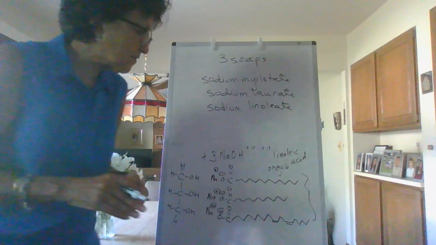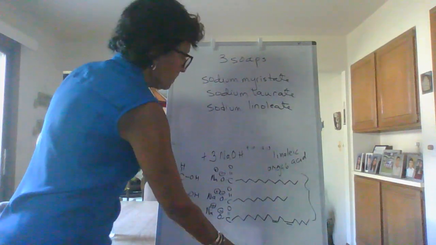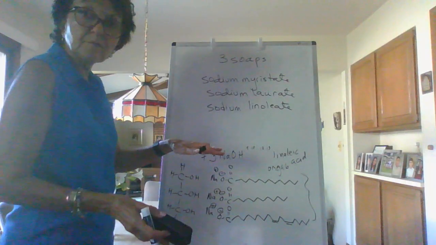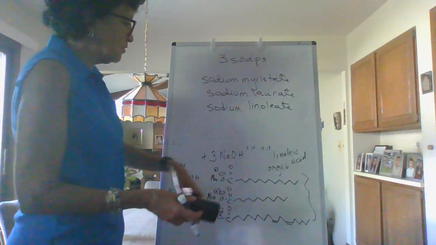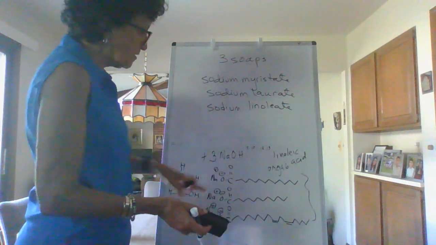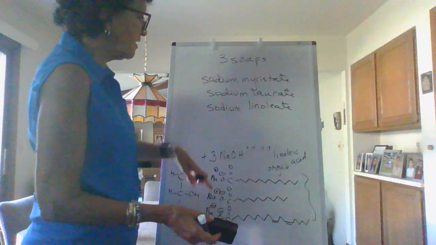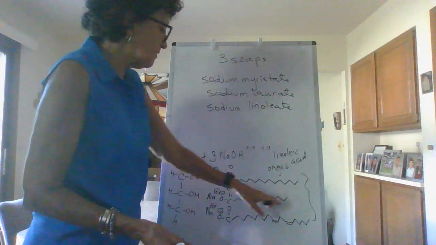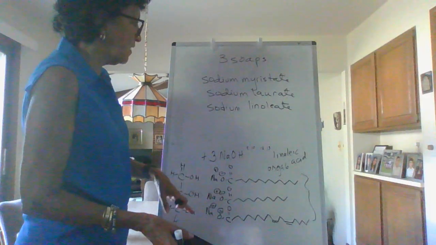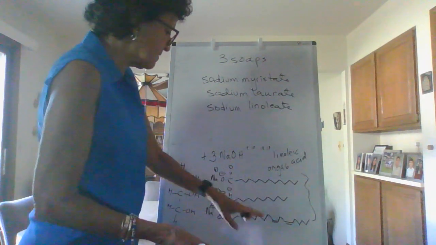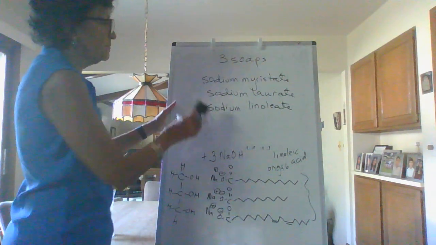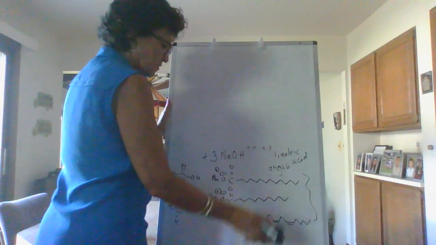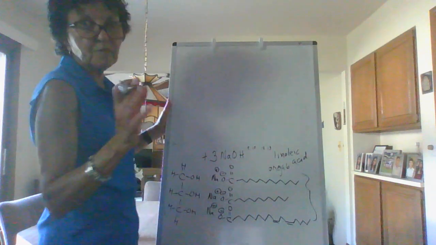Again, be able to recognize soaps, be able to recognize saponification, be able to name these soaps, because the minute you do that, the name changes. So instead of myristic acid, now it's sodium myristate. Instead of lauric acid, it's sodium laurate. Instead of linoleic acid, it's sodium linoleate. Or at least be able to recognize those as names of salts. Names of soaps. I apologize.